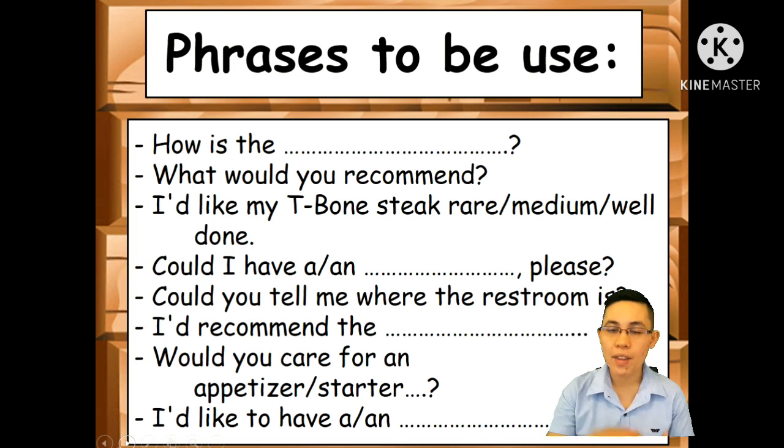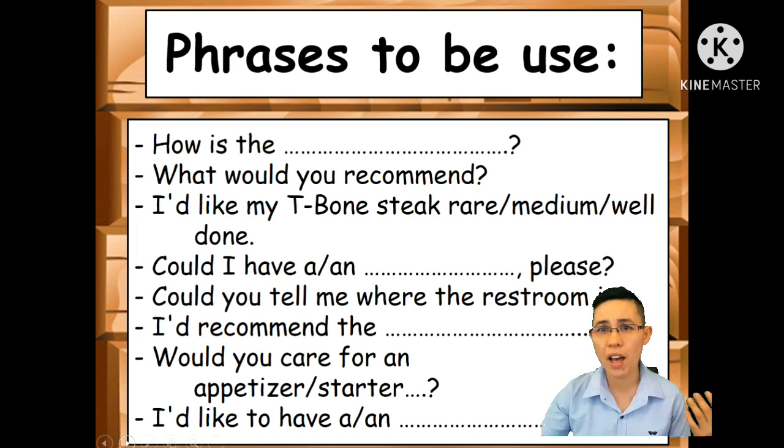So the waiter will ask you about that. So would you like an appetizer or would you like a starter? So for example, if you want a starter food, you can say, I'd like to have fish and chips for starter, please, or for my appetizer.